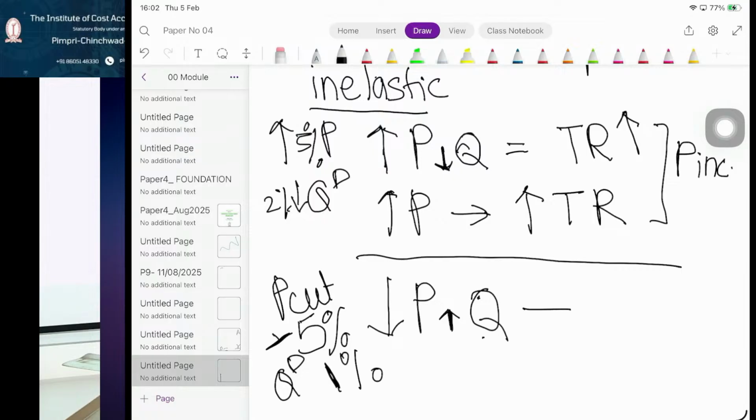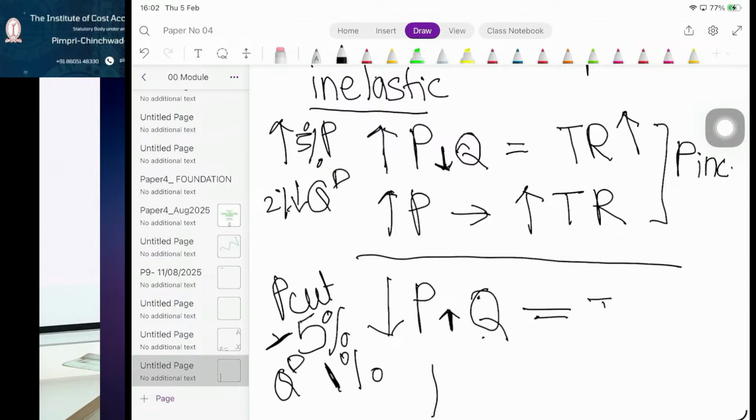So what will be the impact on overall revenue? The price has been cut and quantity has not increased much. So what will happen to total revenue? Decrease, correct.